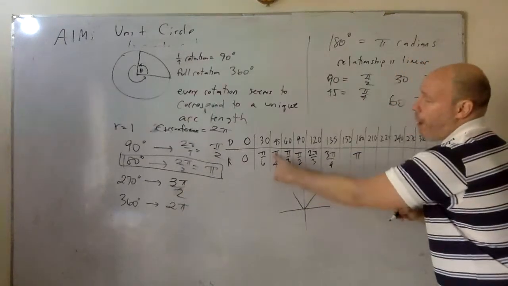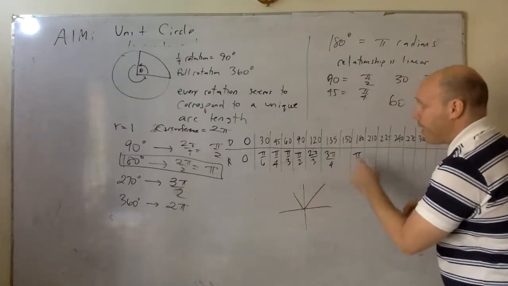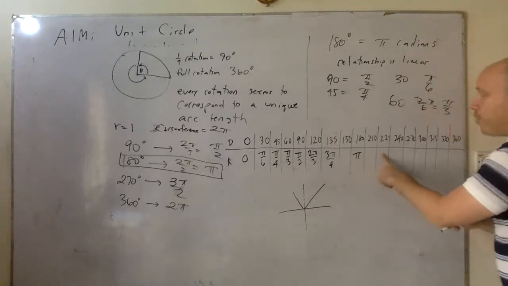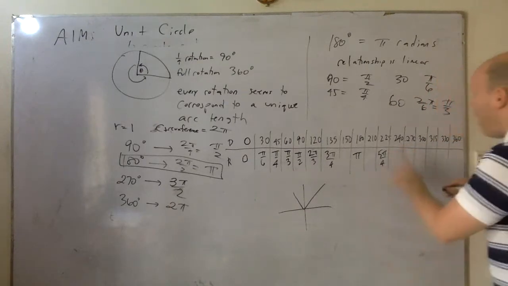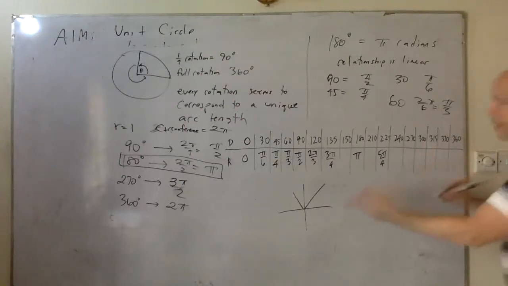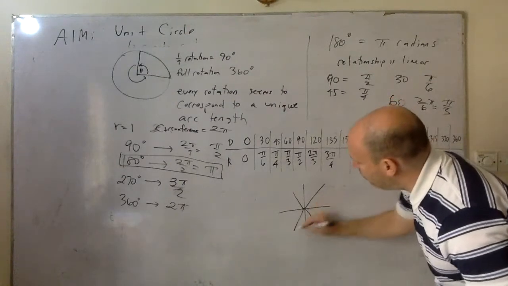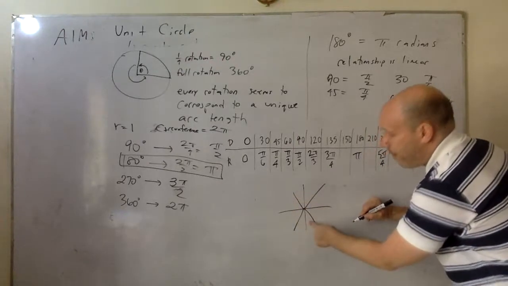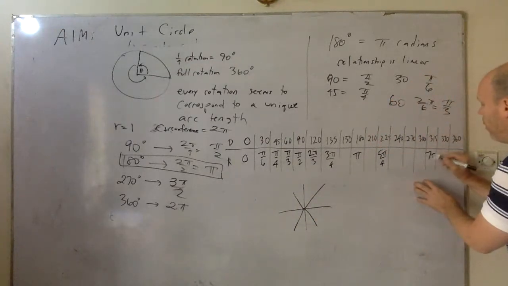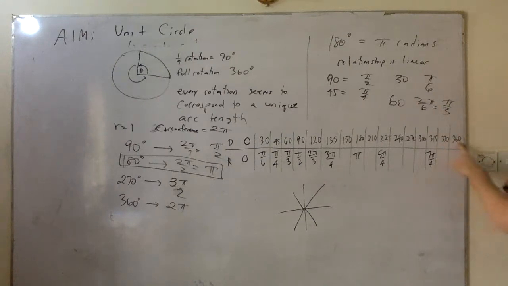If 45 is pi over 4, 1, 2, 3, 4, it takes us back to pi. That means 225 is 5 pi over 4. That means 315 is, well, let's think about this. Pi over 4, 2, 3, 4, 5, 6, 7. 360 is 8 pi over 4, or 2 pi.